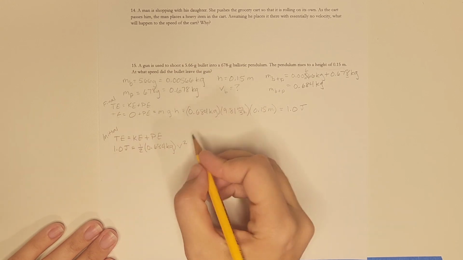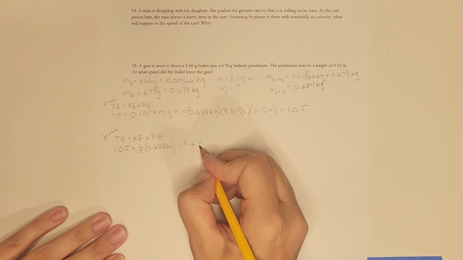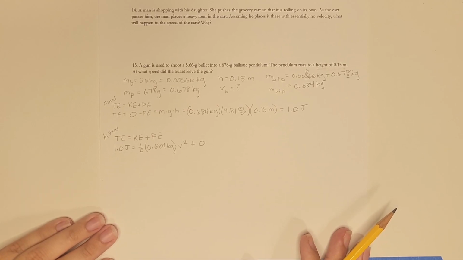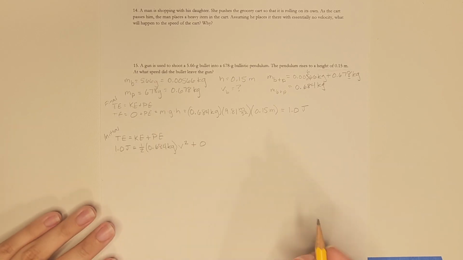Now, plus the potential energy, but the potential energy is going to be 0. And that's because that pendulum has no chance of moving any lower. It's already at its minimum height at the moment that the bullet hits it. So there is no potential energy stored in the pendulum and bullet at that point.